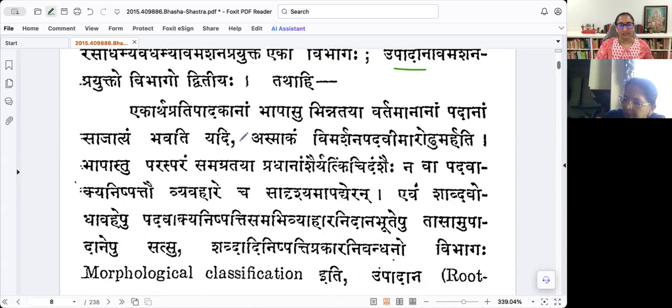Tathahi ekartha pratipadakanam bhashasu bhinnataya vartamananam padanam sajatyam bhavati yadi asmakam vimarshana padavim arodhum arhati. Now ekartha pratipadakanam bhashasu bhinnataya vartamananam padanam, there are words in different languages where the form is very different but the meaning is the same.